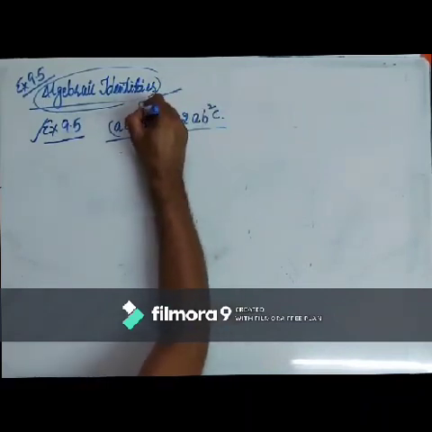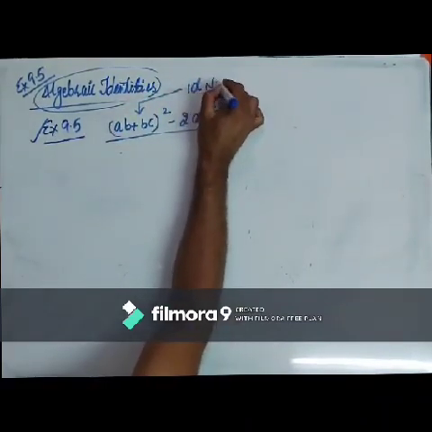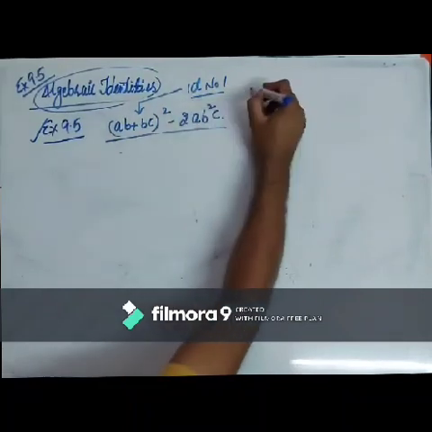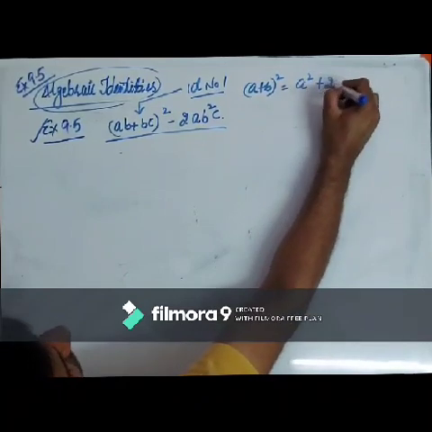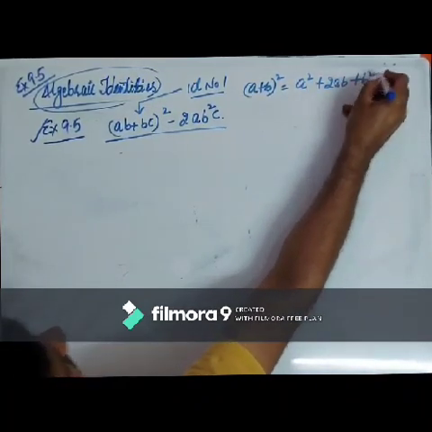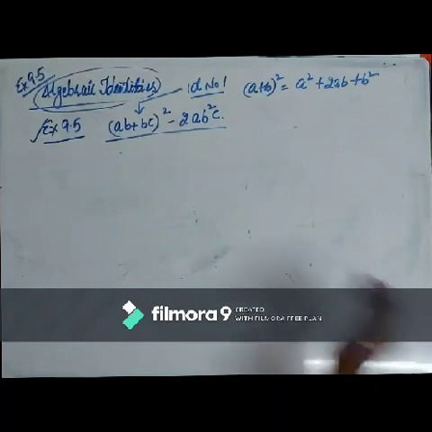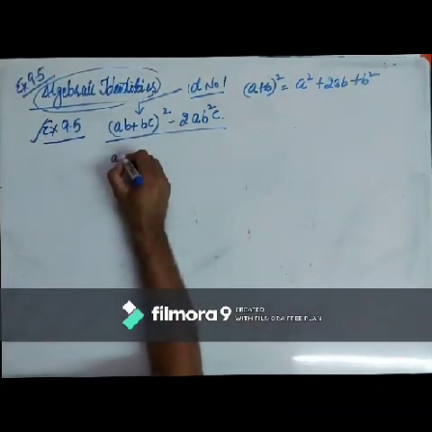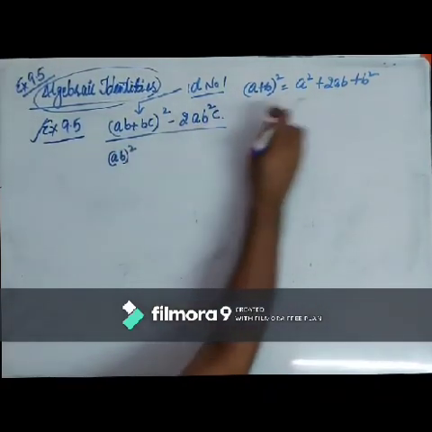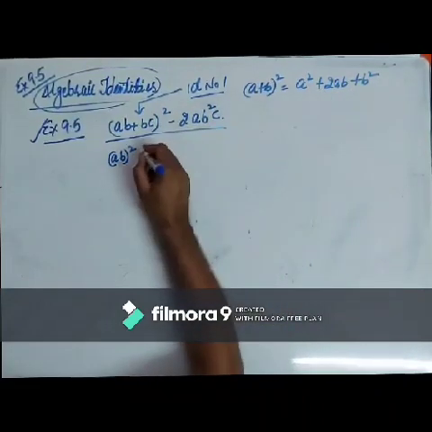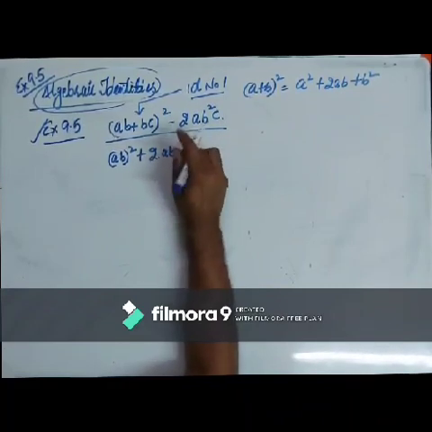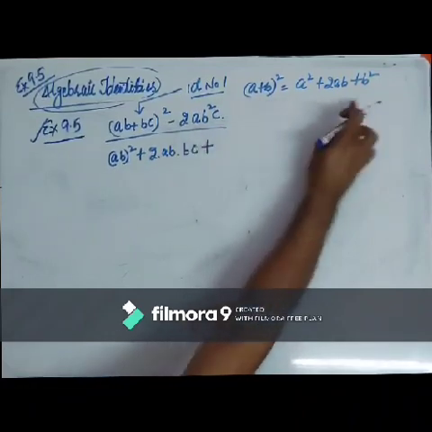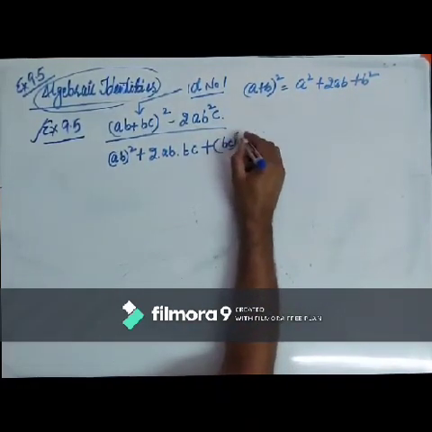So just put here identity number 1. What is identity number 1? A plus B whole square is equal to A square plus 2AB plus B square, right? So this is AB whole square, just copying this, AB whole square plus 2 into AB into BC plus B square means BC whole square.